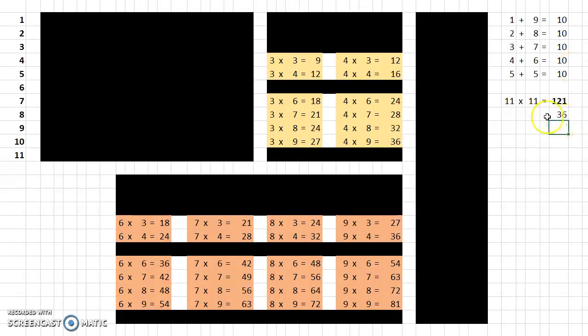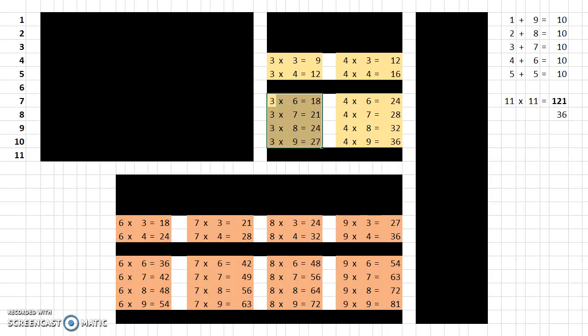36 numbers left, but if you look at these tables that are left, you can see that these numbers are actually doubles. You can find them twice in the multiplication table. You can find 3 times 6 here in the third table, but you can also find it here in the 6th multiplication table. So pretty much we can darken out all the doubles.